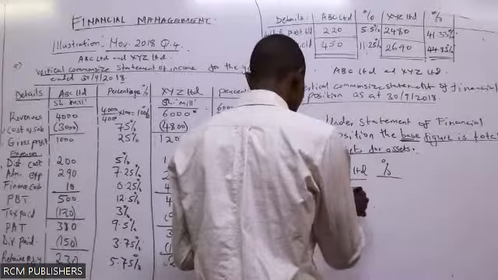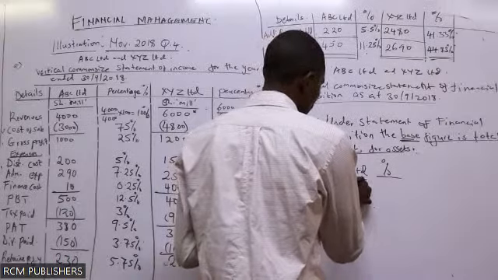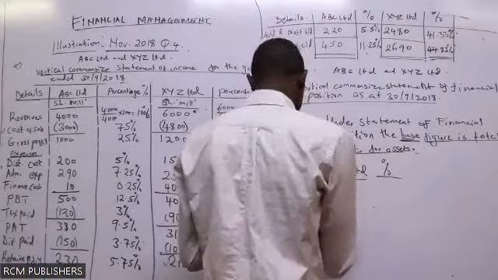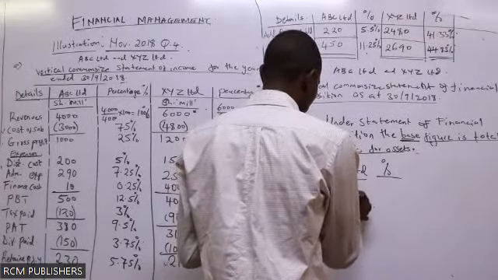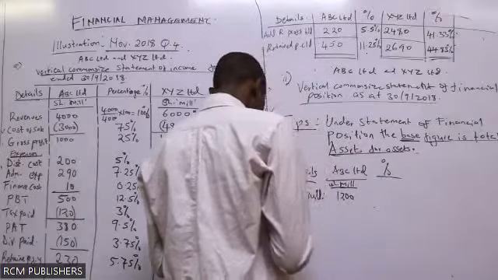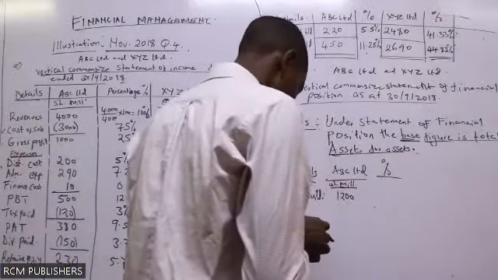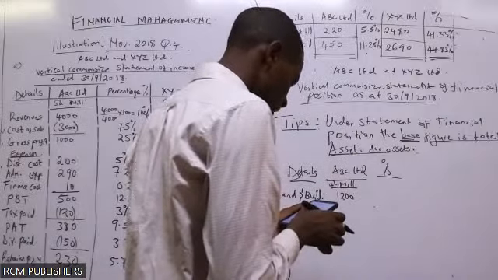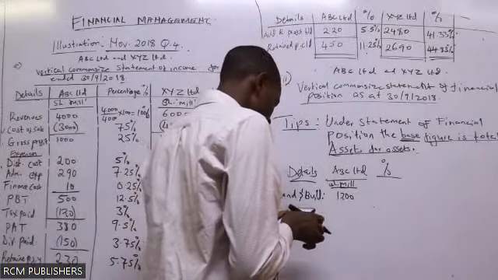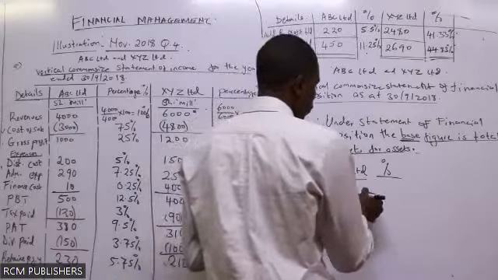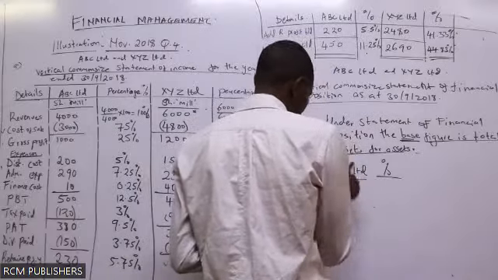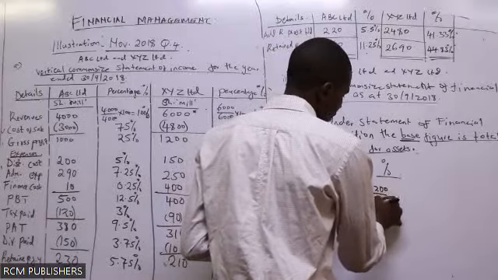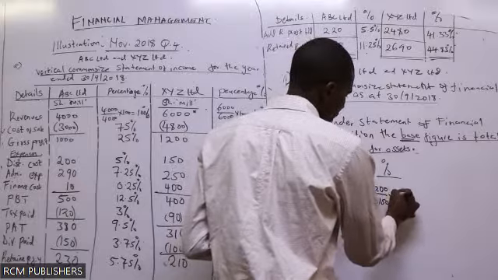We are dealing in million. Land and building is 1,200. So what is our total assets? Total asset ni ngapi for the ABC? That 3,150. So to get the percentage for this, I have to take 1,200 divide by 3,150, then I multiply by 100.